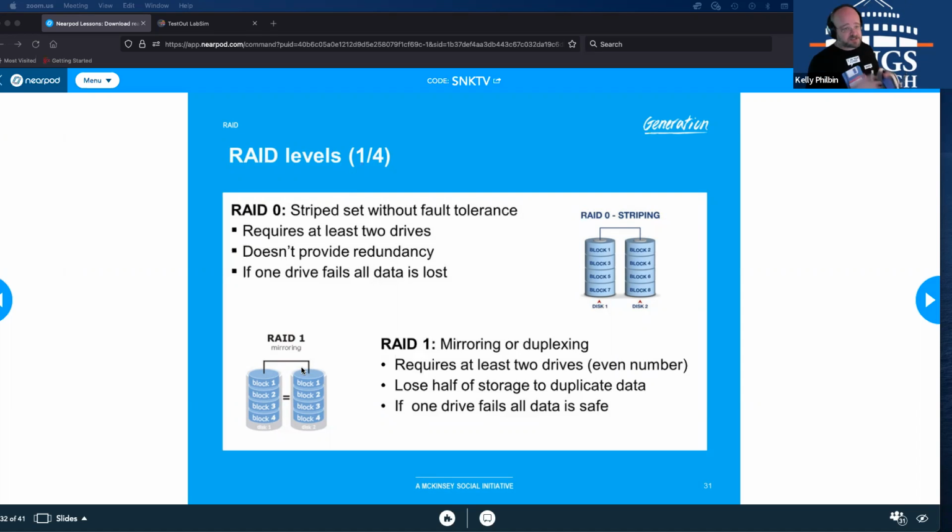You can go up from there, but you've got to go up in pairs. You can lose up to half of your drives. But typically the way they say it is you can lose 1 drive and you're still okay. Because usually we'd have 2, so 2 drives minimum, you could lose 1, you're still fine. Because all you do is plug in another one, you copy that drive to the new drive, and you're up and running.